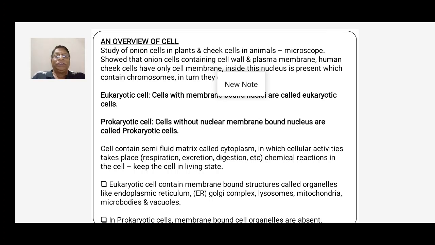Inside this cell membrane, the living substance, cytoplasm is present. The cytoplasm contains many cell organelles.